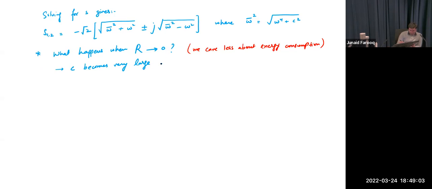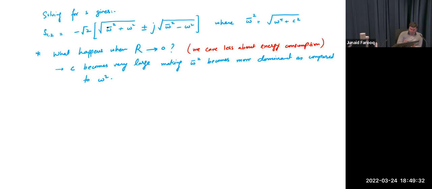Okay, so if c becomes very large, then c is appearing here, so the omega bar squared becomes more dominant as compared to omega squared.